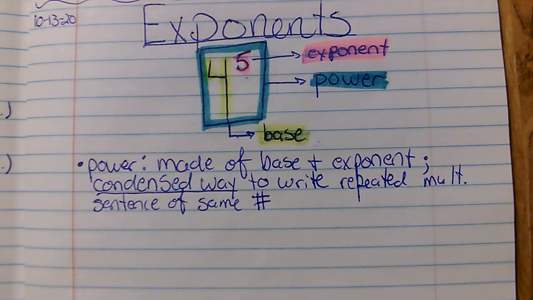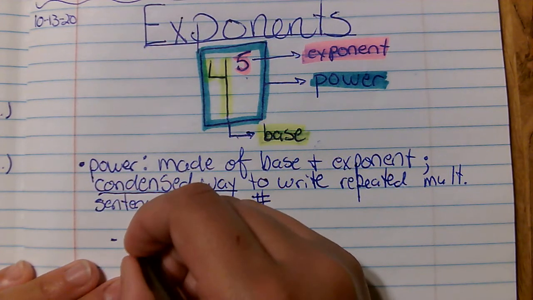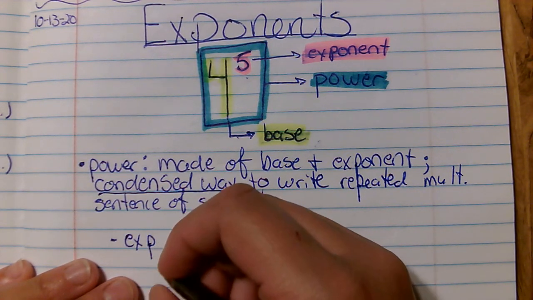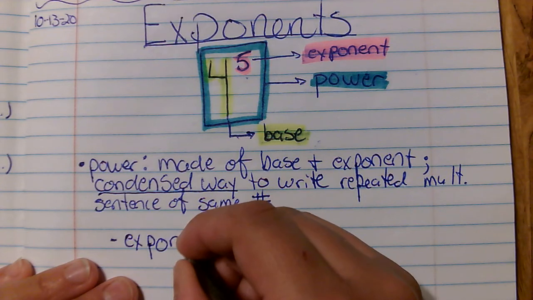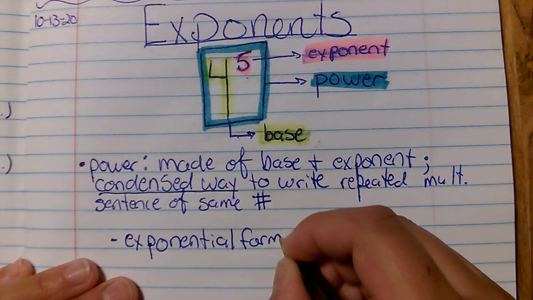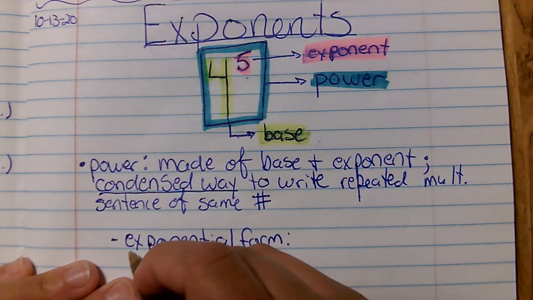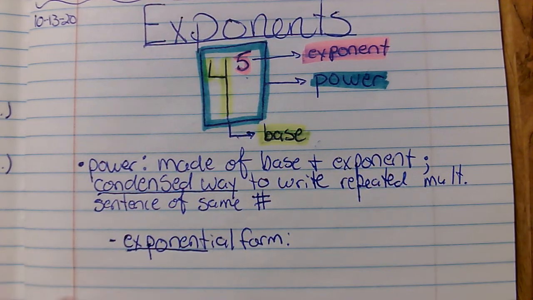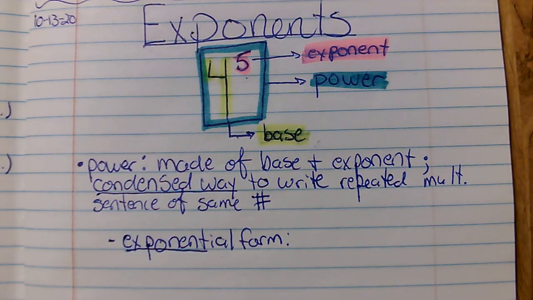There are 3 ways that we can write an exponent. The first way is called the exponential form. I want you to notice it has the word exponent right in it. When you see exponential form, with exponent, you know that it has to look like this.